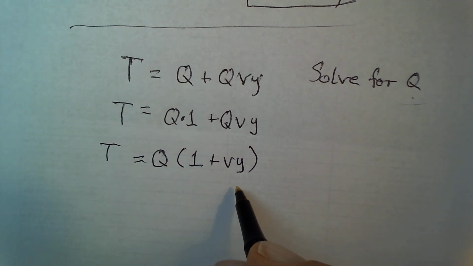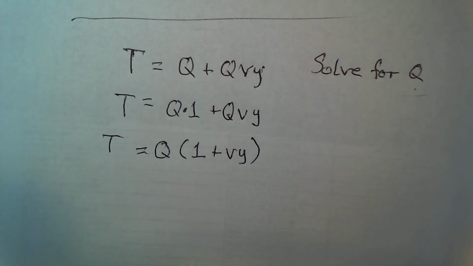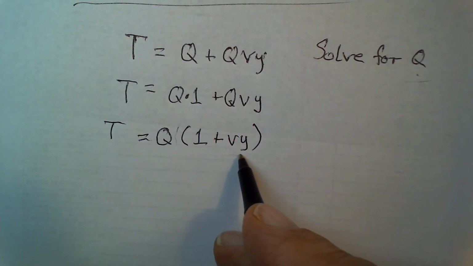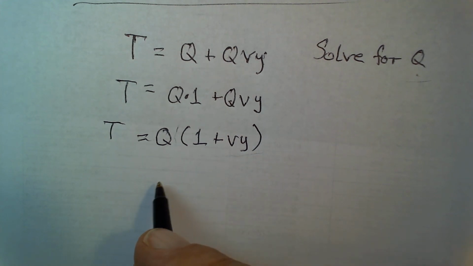Okay. So now remember, we want to isolate Q. That means we need to divide both sides by the expression in parentheses.